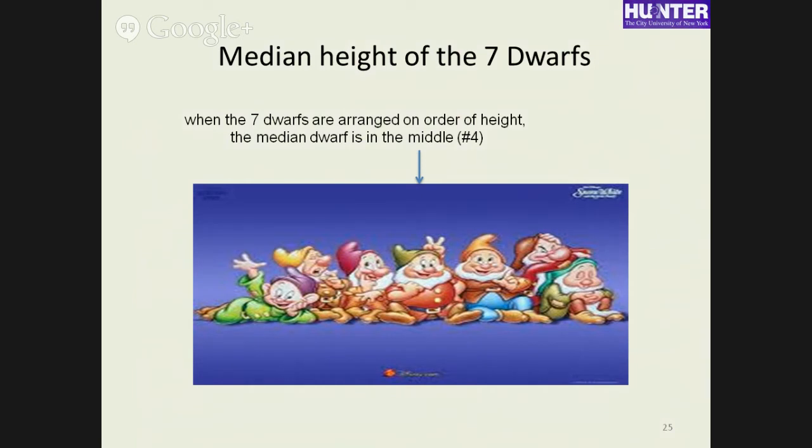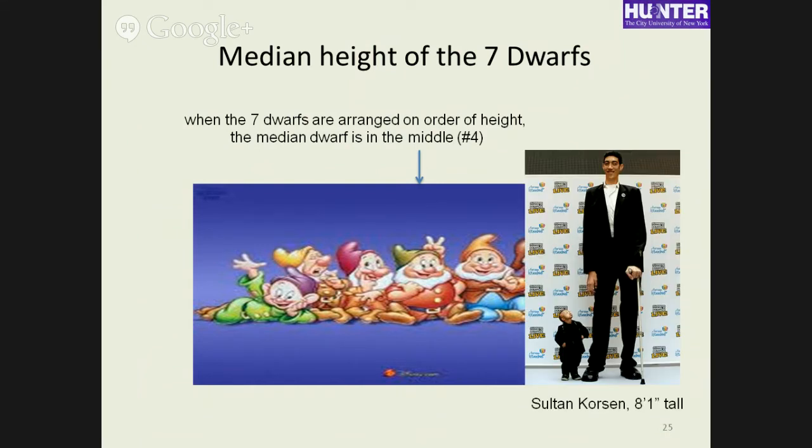So, as an example, you've got the 7 dwarves. The median height is just the height of the middle dwarf, the one sitting in the middle when they're arranged. So that's the thing to keep in mind about the median. One is that it's an actual value, I guess unless you have an even number, then it can be the average of 2 values.